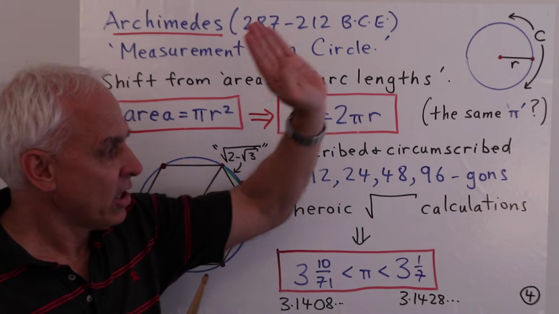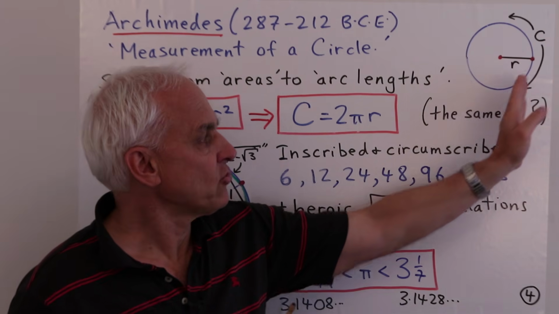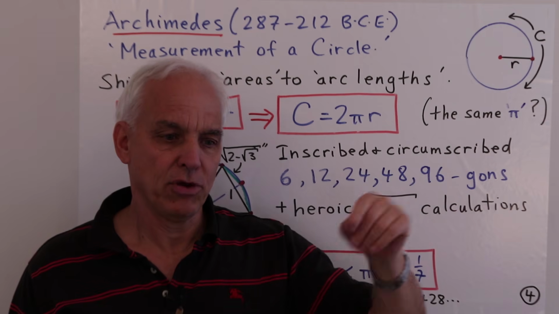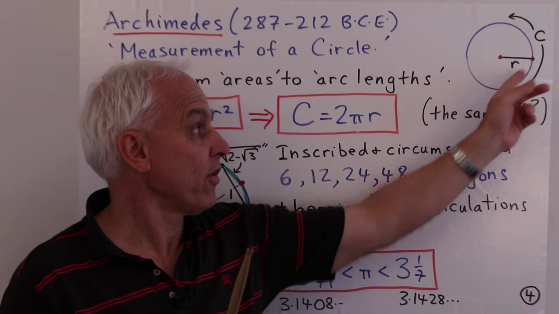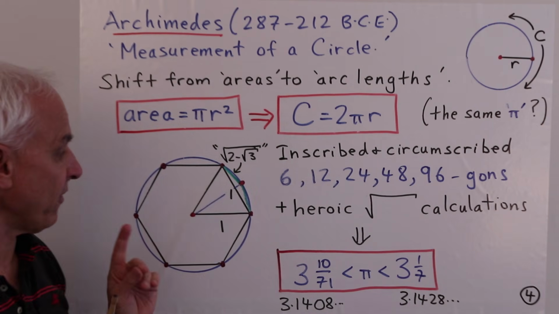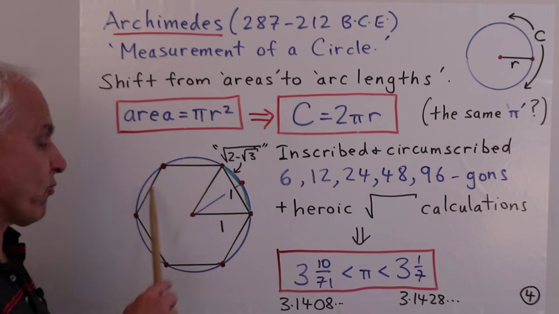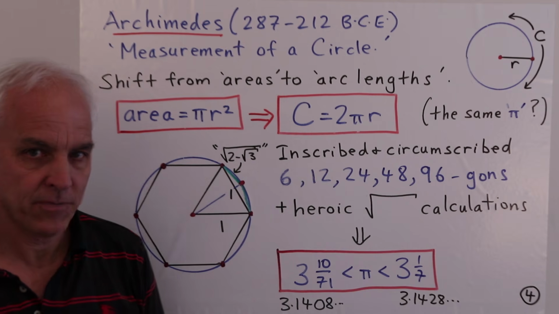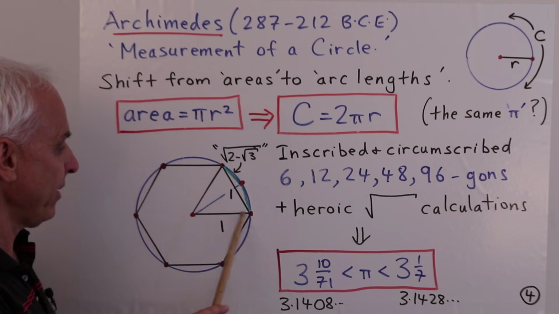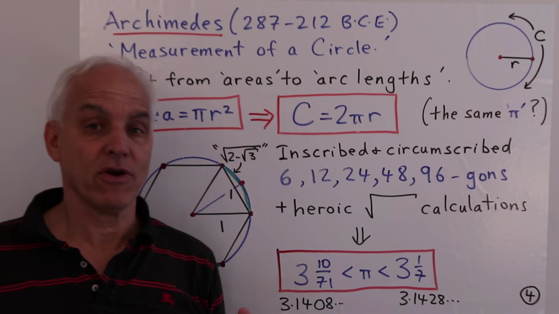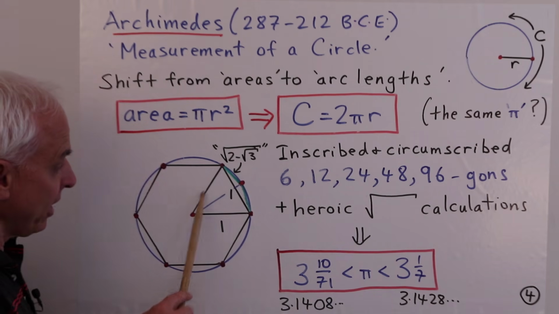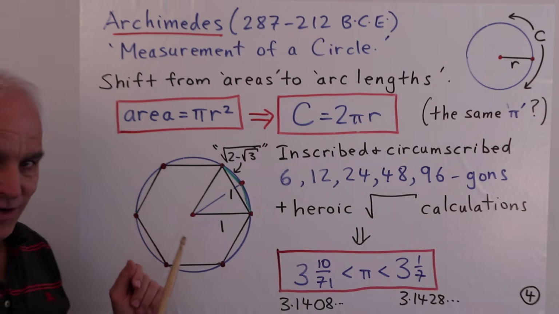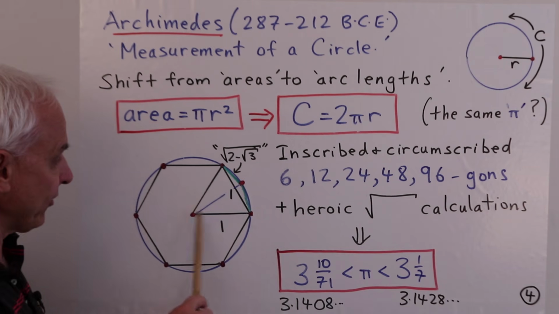So nevertheless, Archimedes was interested in the arc length and trying to compute that and trying to estimate pi by a calculation of the circumference. And his strategy was the following. He says, let's start with a regular hexagon of side length 1, which is the same as the radius of our circle. So here's a circle of radius 1, and here's a hexagon. Now this hexagon is made of 6 equilateral triangles. That's an equilateral triangle.